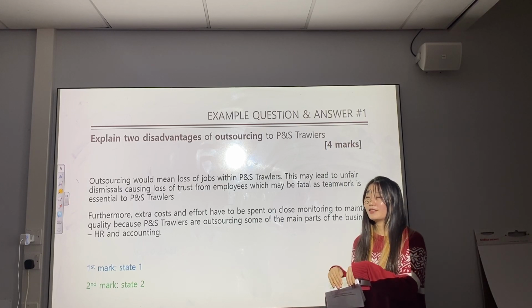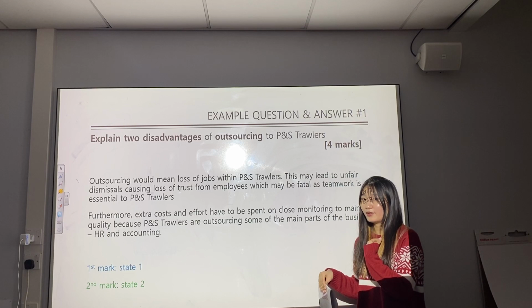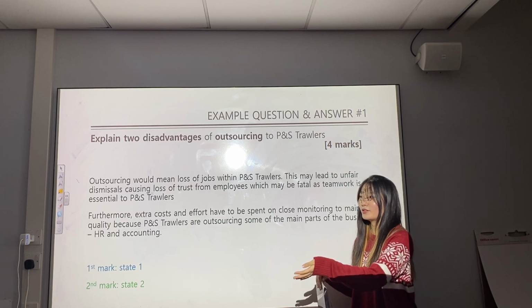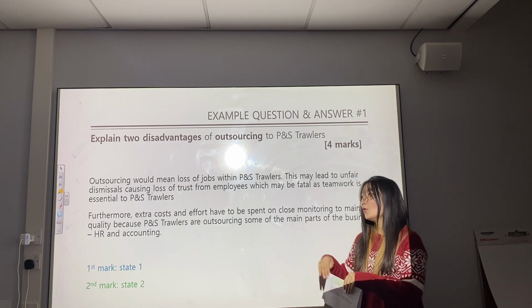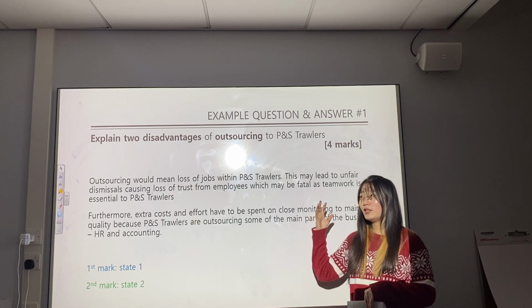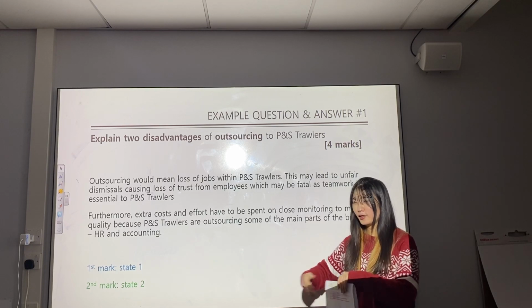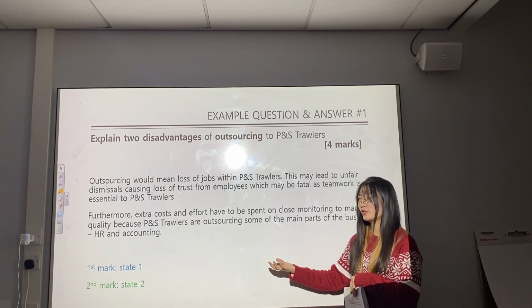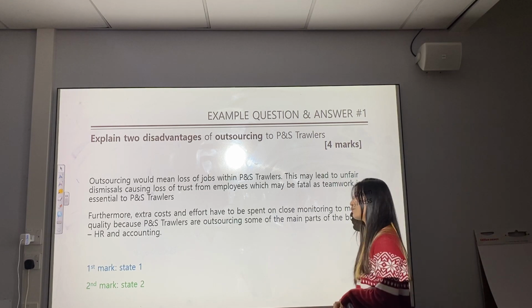But if it's finance, like I said, it's closely related to our income, and the way they operate is going to impact our profit and income. So P&S Trawlers are going to need to monitor their process much more strictly than if it was other functions.